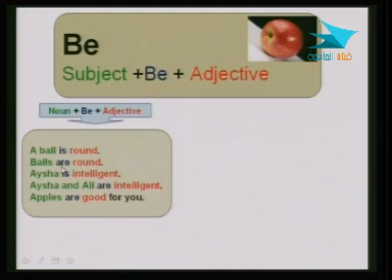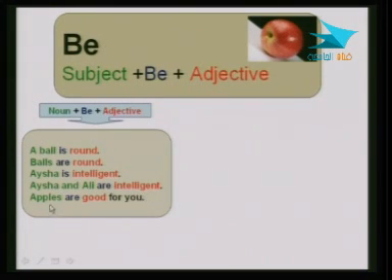So balls are round. Aisha, that's singular, a name of a person, is intelligent. Aisha and Ali, that's plural because we have two persons, are intelligent.